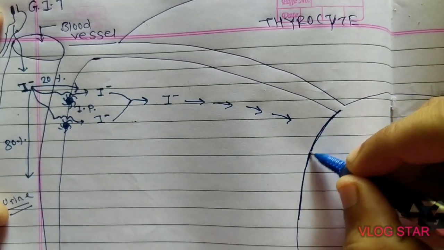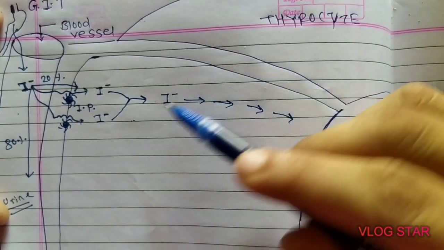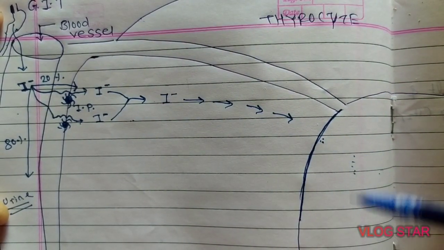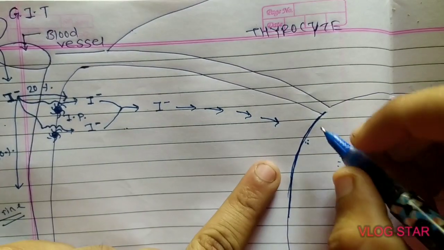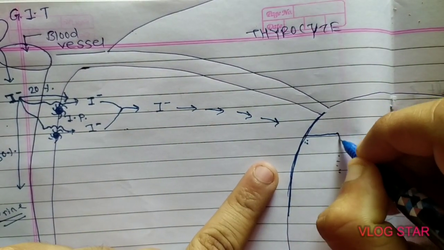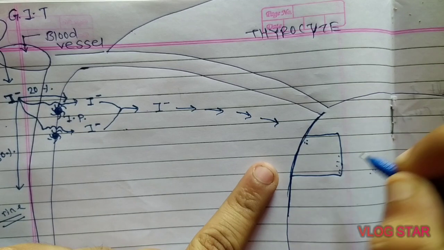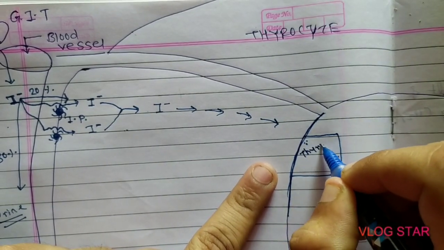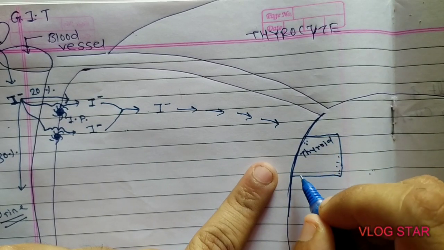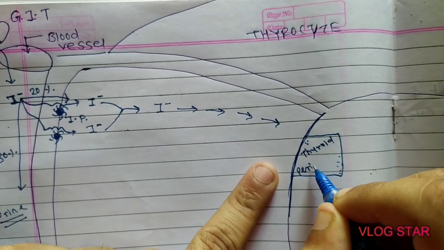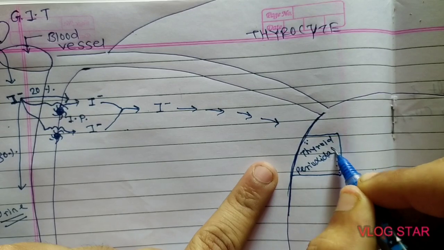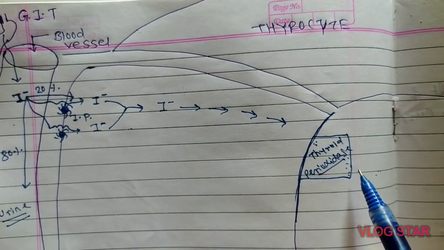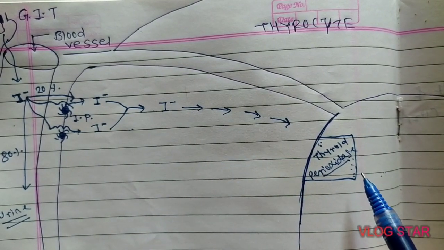Once the iodide reaches the apical membrane, there is one enzyme there called thyroid peroxidase. This enzyme is present over the apical membrane of the thyrocyte cell.